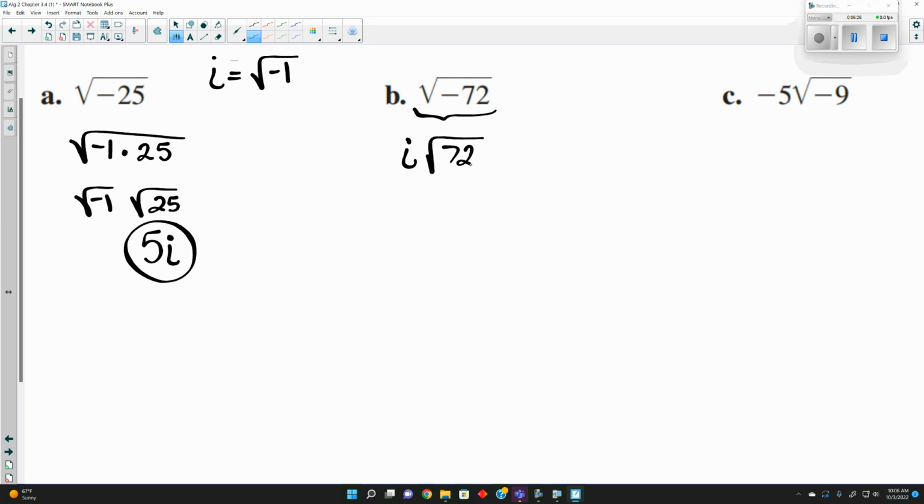The yellow 30XS calculator will take the square root of 72 just fine. We'd have to look for perfect squares inside 72, which is 36, and the square root of 36 is 6. So we have 6i square root of 2. Again, the calculator will take the square root of 72 and tell us it's 6 square root of 2.